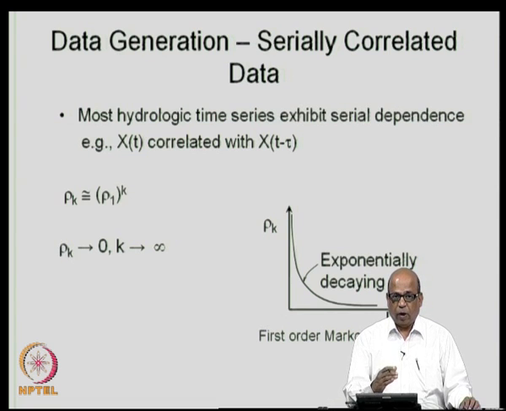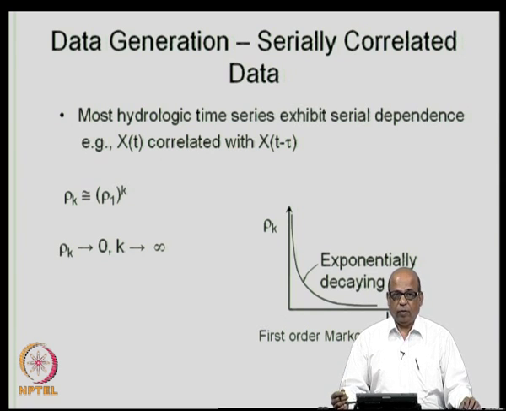That means, if you have x t plus 1, x t plus 2, and so on, x t plus k depends on x t plus k minus 1, or x t depends on x t minus 1. If you have a process where the memory is only to the limited extent of the previous time period, then you can use the first order Markov process.